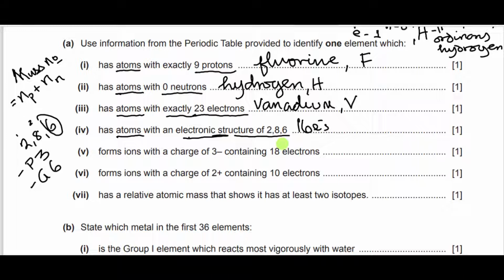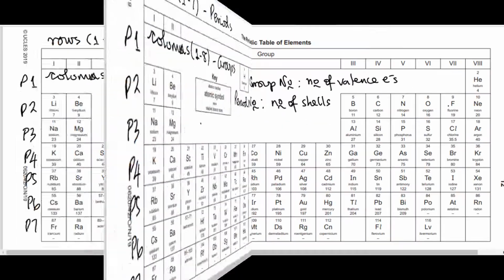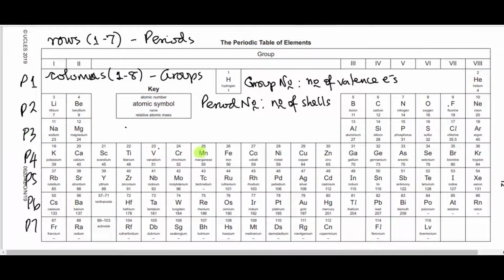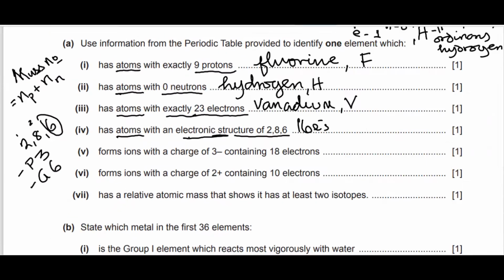So the element is in period 3, group 6, or has an atomic number 16. Let's see. Period 3, yes, group 6. That is sulfur. Does it have atomic number 16? Yes, it does. So the answer is sulfur. That's S.